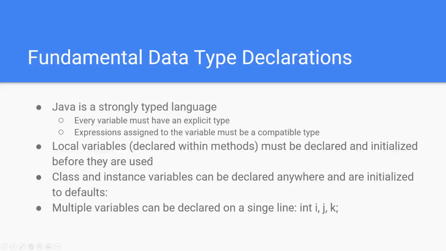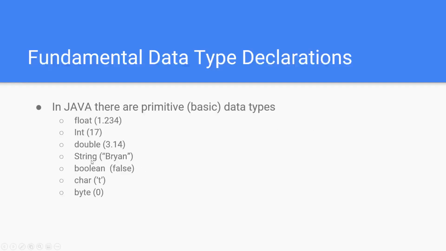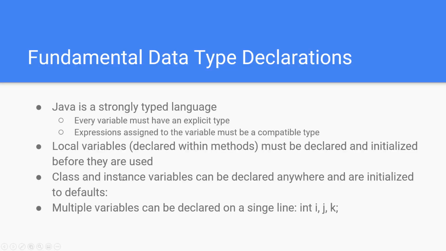Java is a very strongly typed language, so every variable requires some kind of a data type. And these data types actually help us with efficiency. All of these require different sizes of memory, and this actually makes the memory more efficient and the running of our program more efficient.